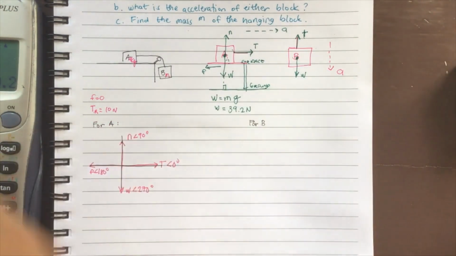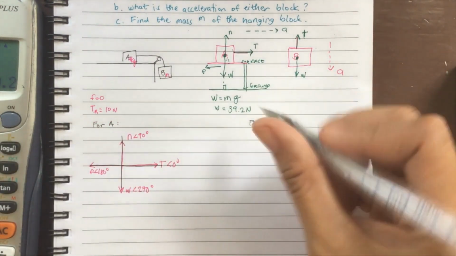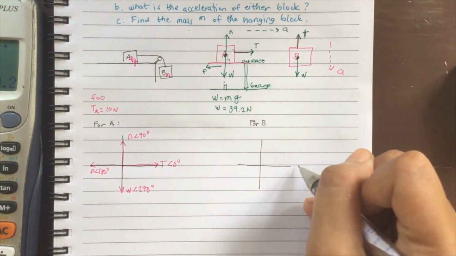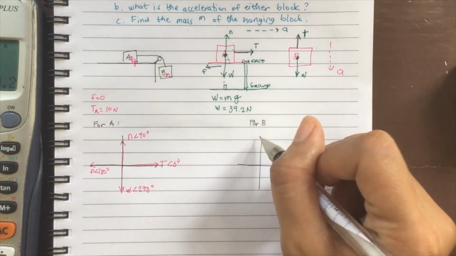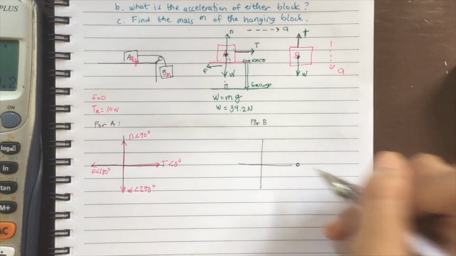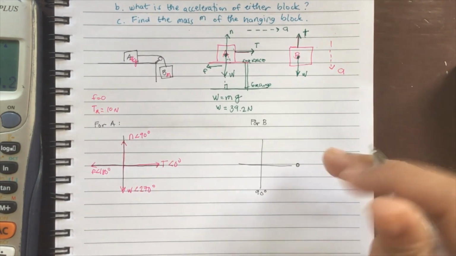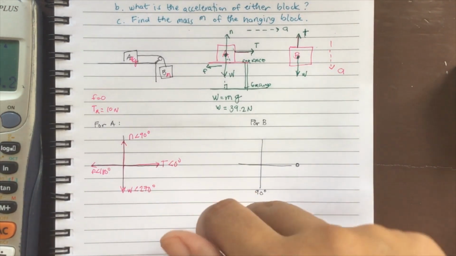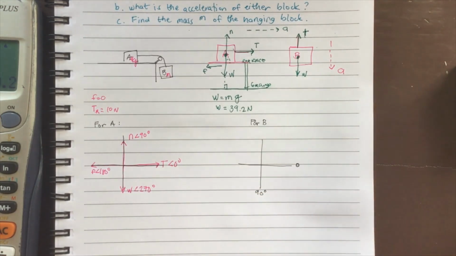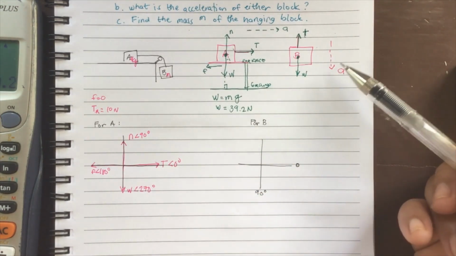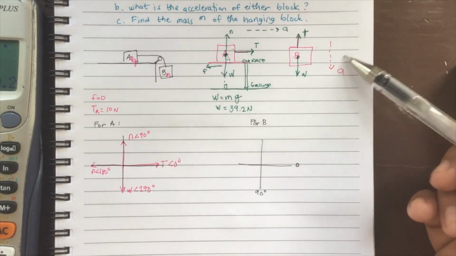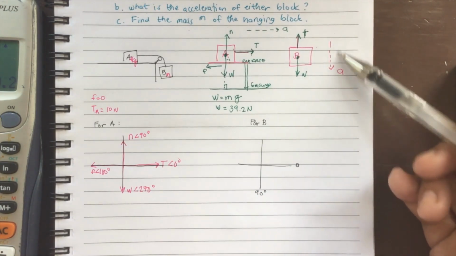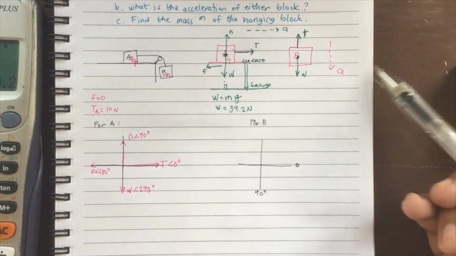So, instead of having your coordinate system as 0 here going to 90, we will be going clockwise. Okay, the reason is because we have to consider that the direction going downward is positive.